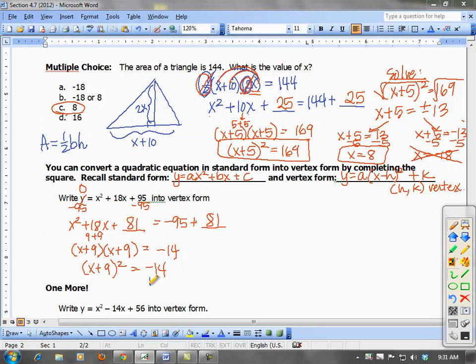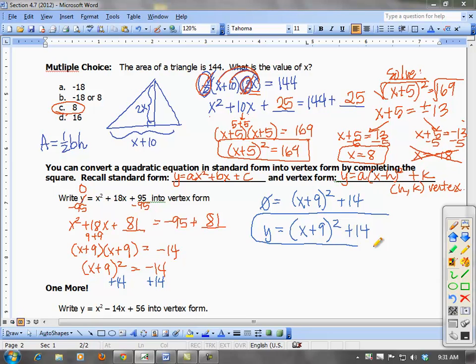What I'm going to do now is add 14 to both sides so that I get 0 equals (x plus 9) squared plus 14. Now, I don't want the 0. We originally replaced that for y, so I want to go back to a y equals equation. This is where I want to go. Now, you might not have to show me the 0 equals. You might be able to go right to y, but this is the general idea.